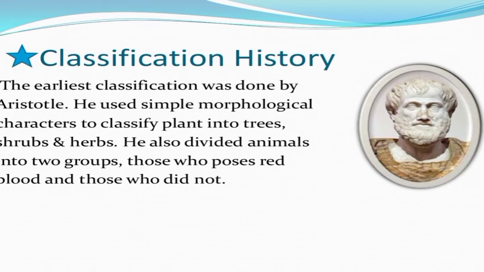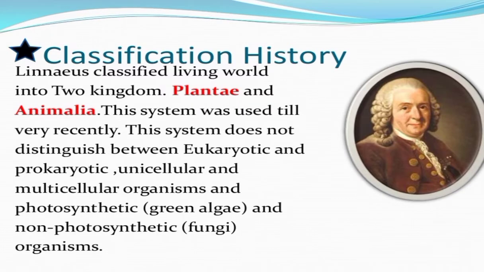So there were different types of classification systems. Depending upon the type of system of classification, organisms are classified into different kingdoms, like the two kingdom classification system.